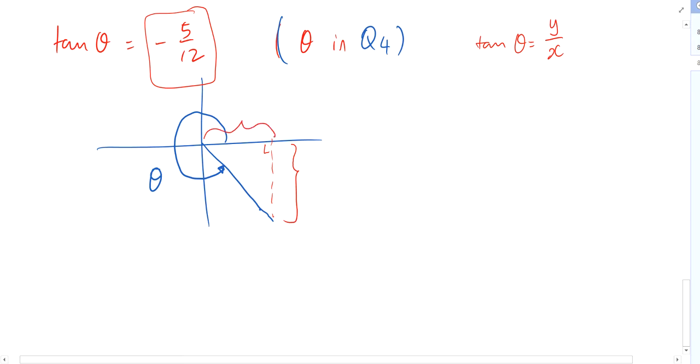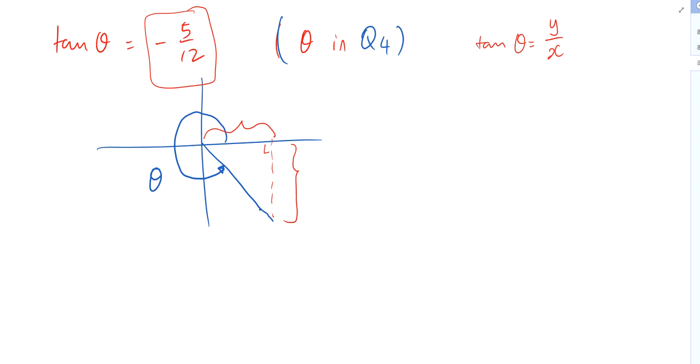Out of these two, where I have this x value and this y value, can you tell me which one is positive, which one is negative? Y is negative. How do you know? Because it's simply below the x-axis, right? So obviously this must be a negative value, and this is the positive value. So what is the number I should be writing over here? 5. Then this one? Negative 12.